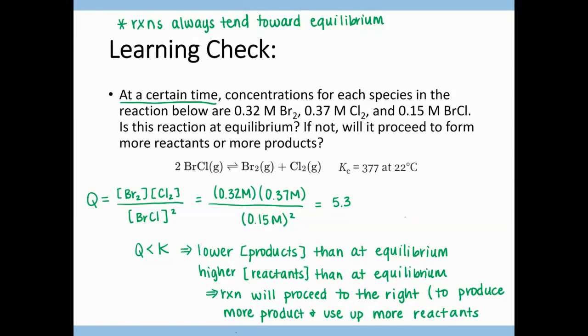It's stable, it's happy. It will not go out of equilibrium unless something changes, like the temperature changes or some more products are added to it or more reactants are added to it. Then it will shift out of equilibrium and then reestablish equilibrium. So reactions always tend toward equilibrium, and that's how we can determine which direction the reaction will proceed.